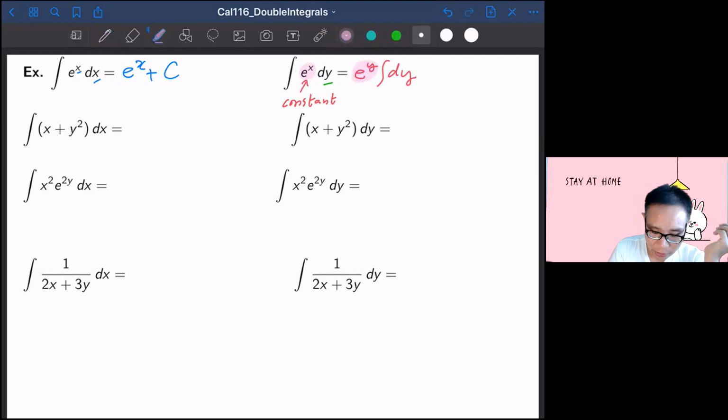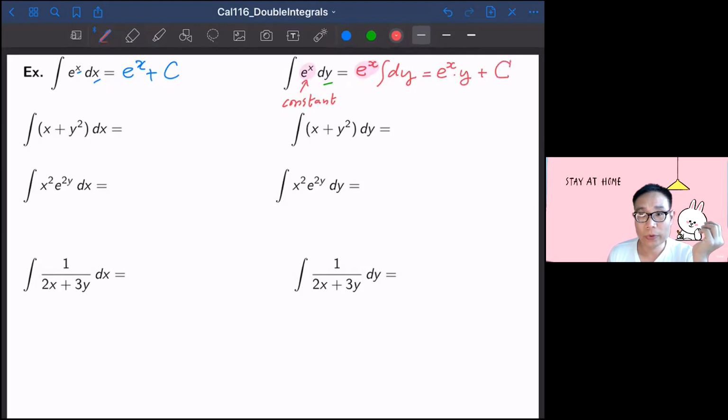The integral of dy is equal to y. So this one is going to be e to the x times y plus c.